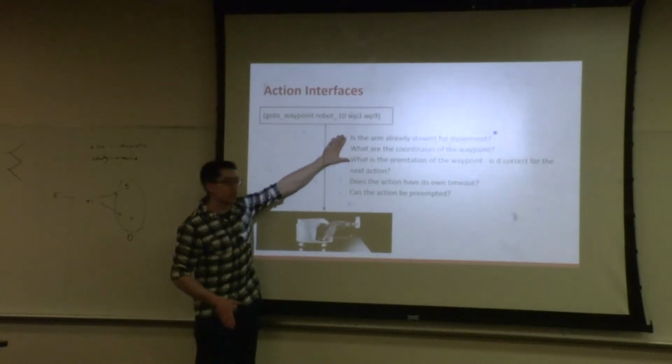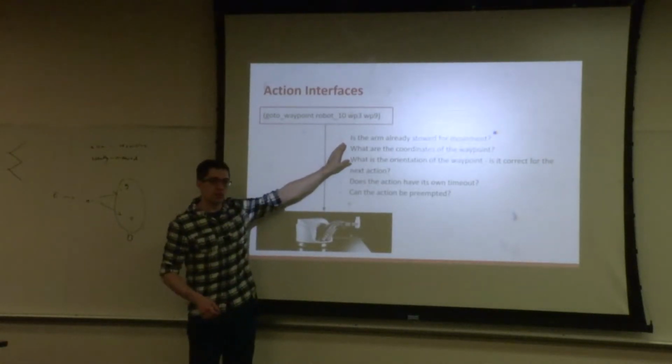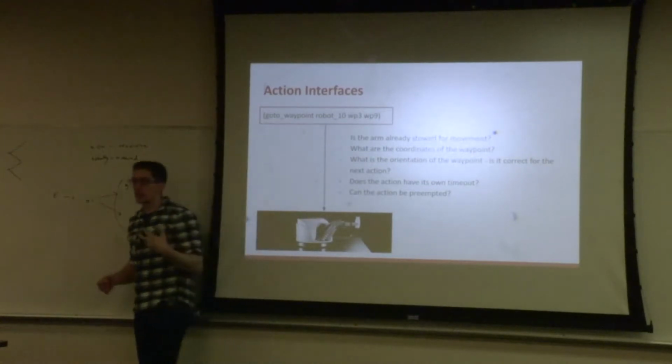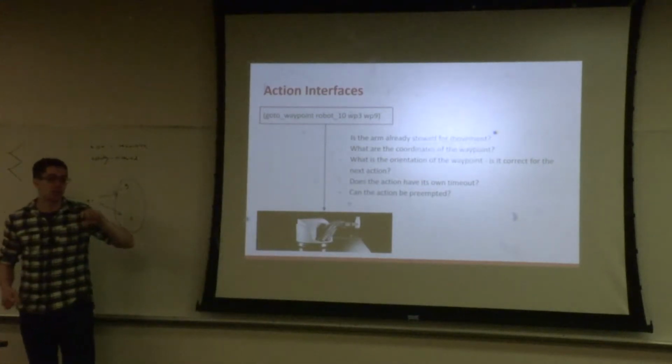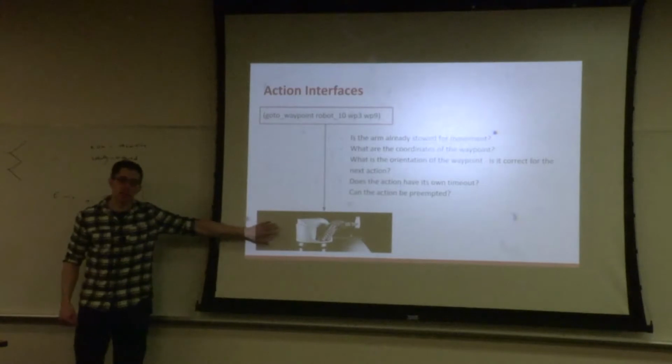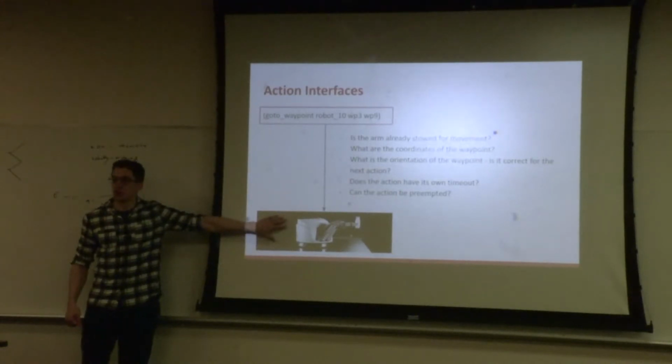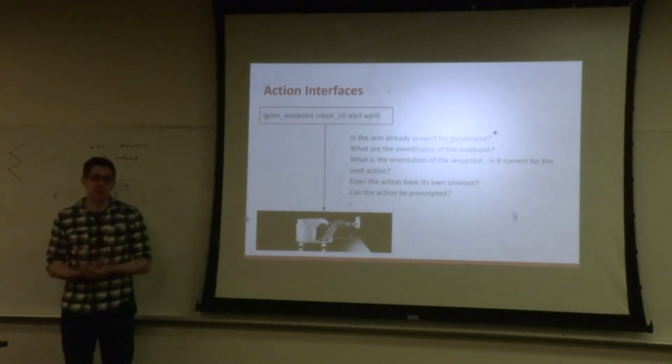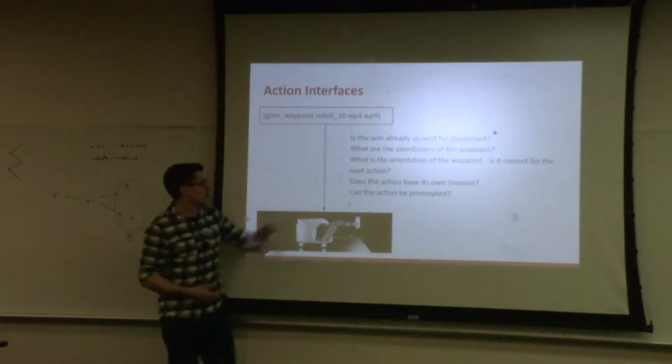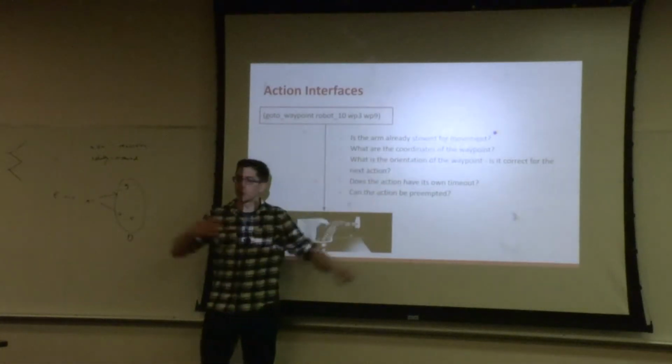All of these three start asking questions, not just about how to connect the PDDL action to the lower level control, but also how should the domain be modeled? Why not just model whether or not the arm is stowed or not?